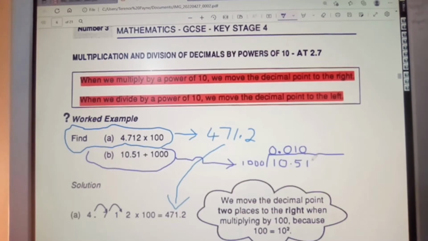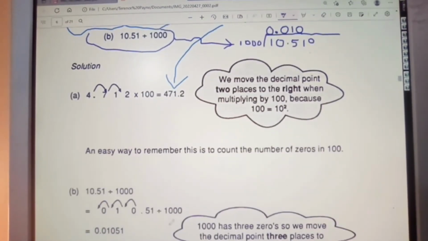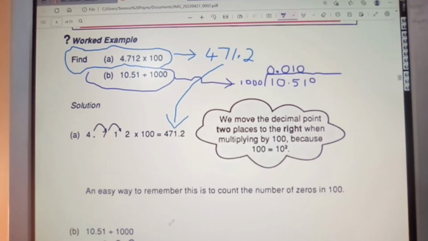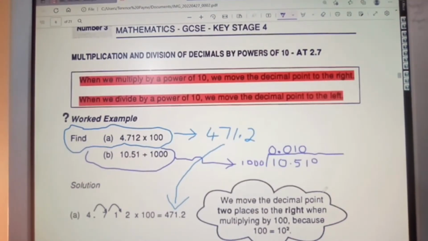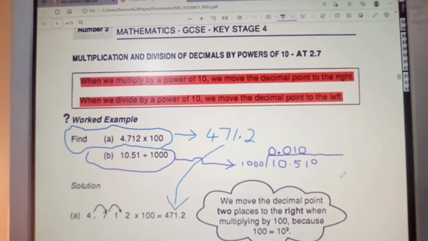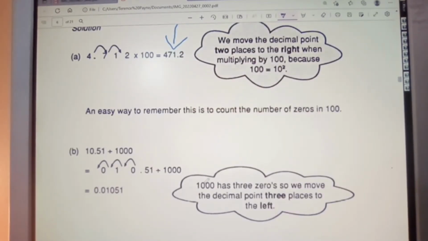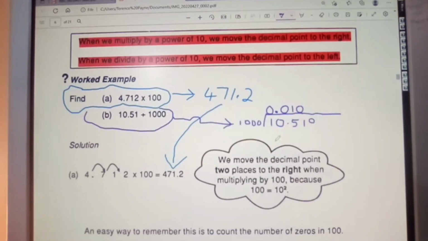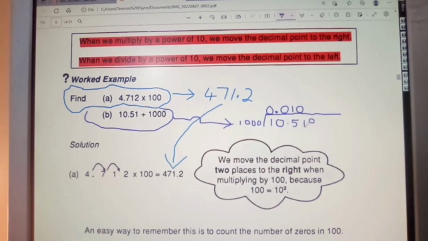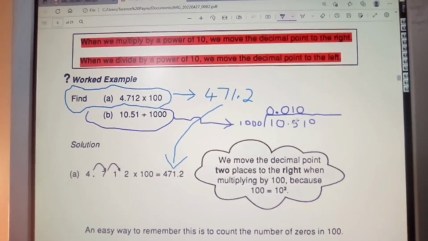And add a 0. 1,000 into 510. Let me just check myself. A 1,000 into 510 cannot go.